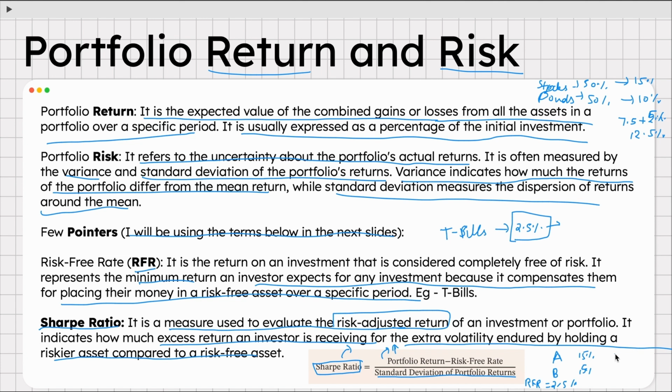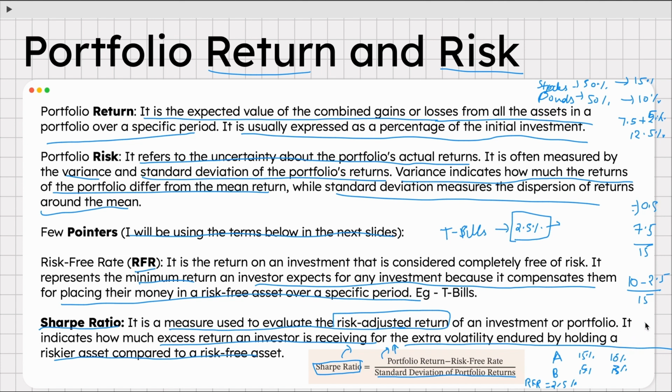The returns that portfolio A gave was 10%, and the returns that portfolio B gave was, let's say, 13%. Now if you calculate, for portfolio A the Sharpe ratio will be 10 minus 2.5 upon 15. That will be 7.5 upon 15, which becomes 0.5.